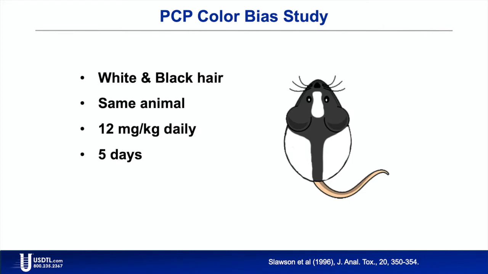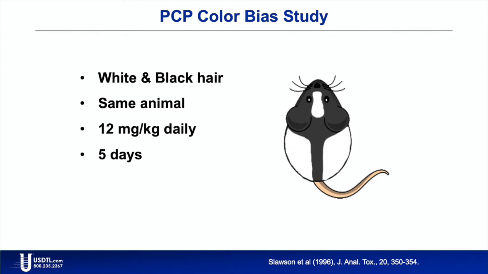Now here's a second study by Slauson back in 1996, and this is a unique experiment in that instead of using different animals, we used animals that had both white and black hair on the same animal. That way, each animal is taking in 12 milligrams per kilogram daily, and so that normalizes perhaps any metabolism differences or feeding differences or dosing differences or what have you.